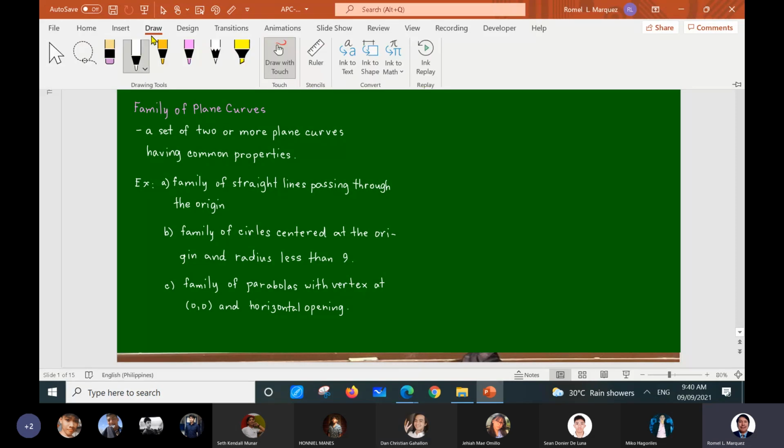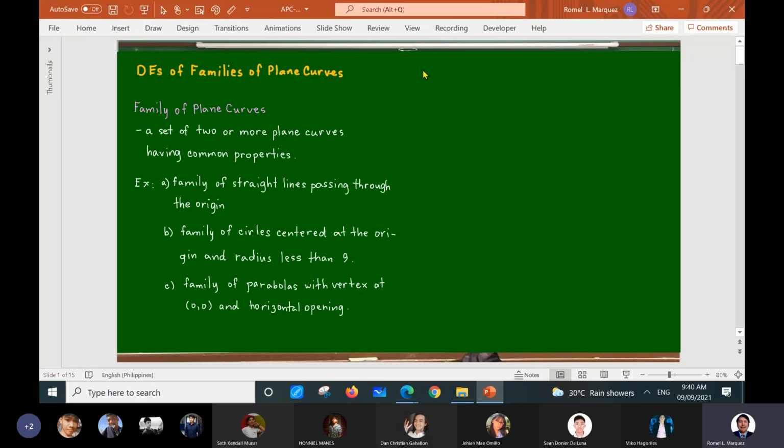Okay, so let's have specific examples. Let's say we are asked of the following. Find the differential equation of the family of curves. When I say family of curves, I mean plane curves. Find the differential equation of the family of curves described.